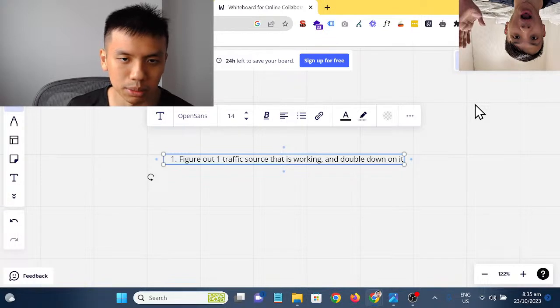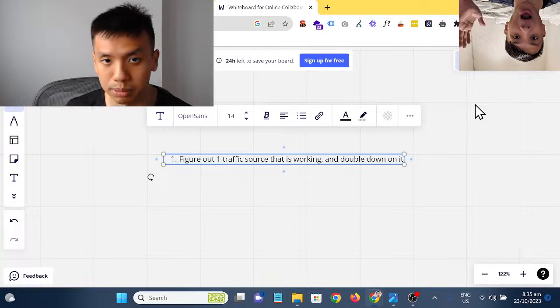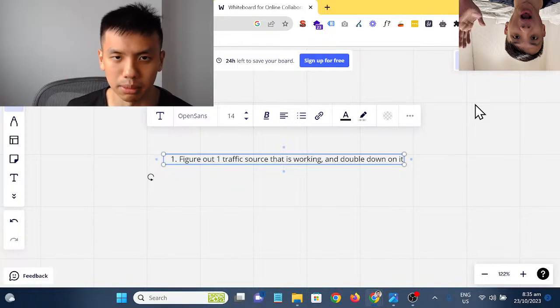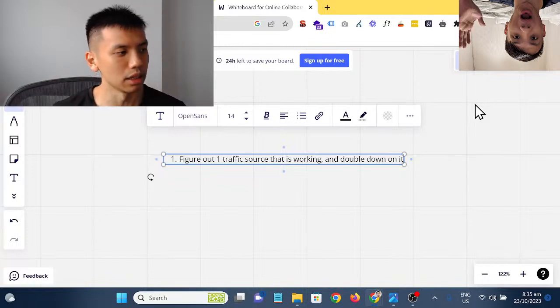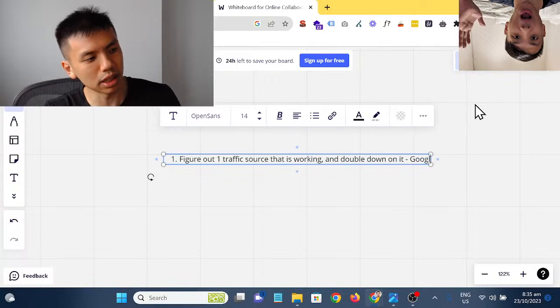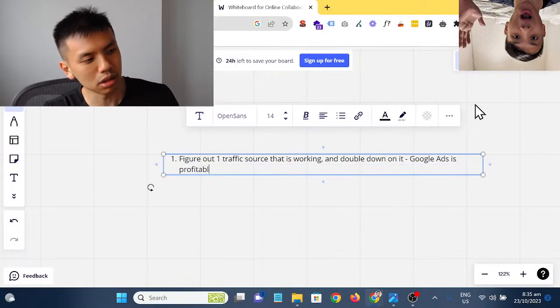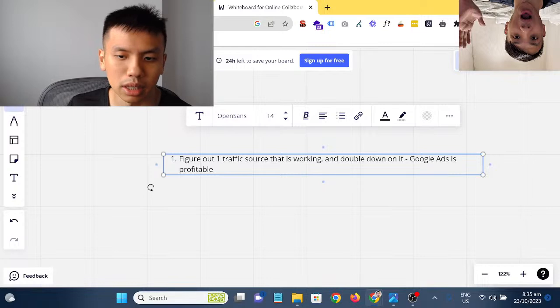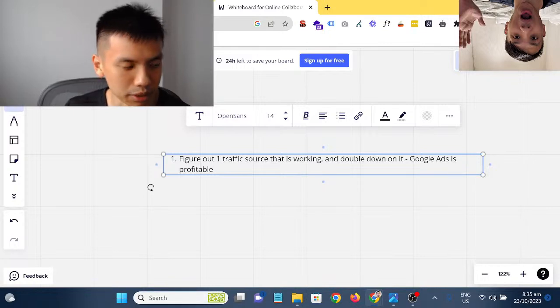There are several months where we don't get that positive return on ad spend, but for those months, we usually try to lower our spend, because maybe it's a seasonal business, whereby there are certain months that are better than the rest. We figured out that Google Ads is profitable on the front end, and we went ahead and doubled down on that.